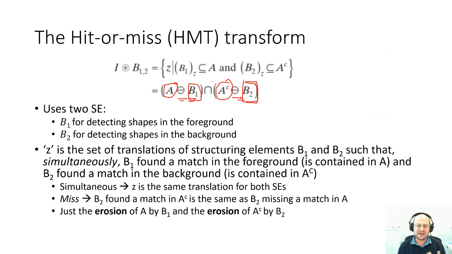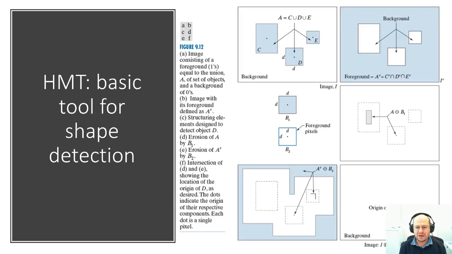We're trying to detect shapes not only on the foreground but also the same shape on the background. The final result is that we can find the exact location of certain shapes using the hit or miss algorithm. I know that some of your projects are related to finding shapes, and this is a good simple solution for you to try out and compare with more modern solutions.